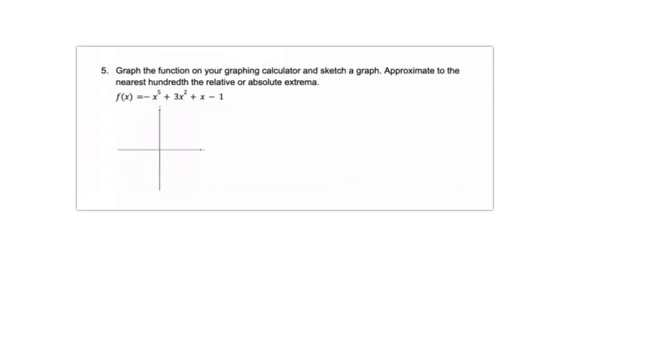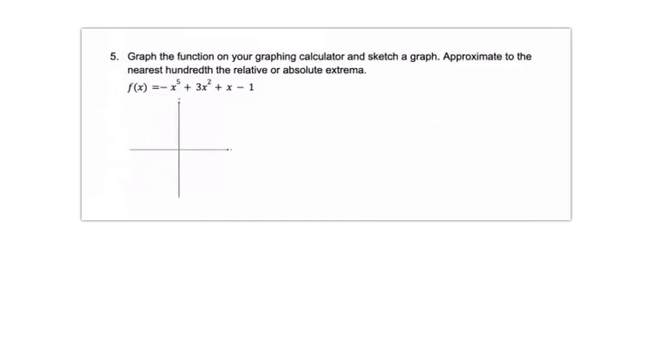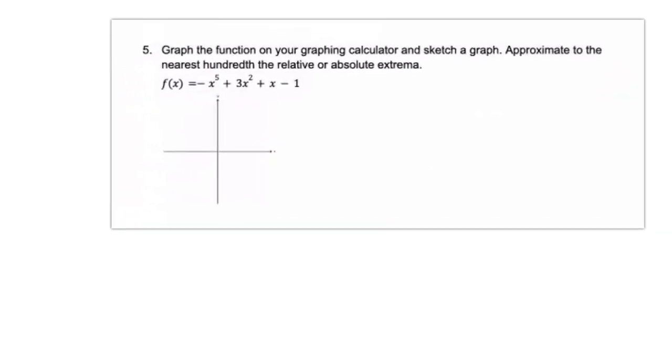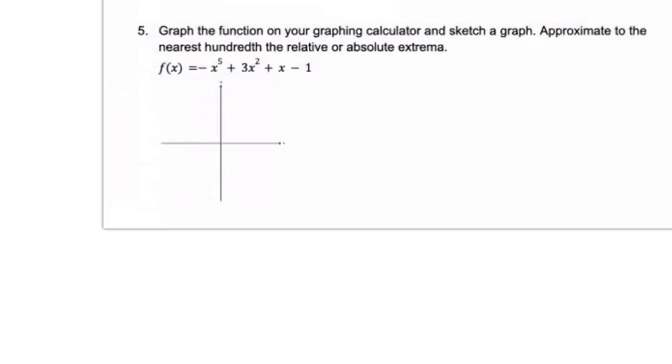Okay, graph the function on your graphing calculator. Sketch the graph, approximate to the nearest hundredth the relative or absolute extrema. Well, this is very much having to do with the TI-84, so let me get that going.